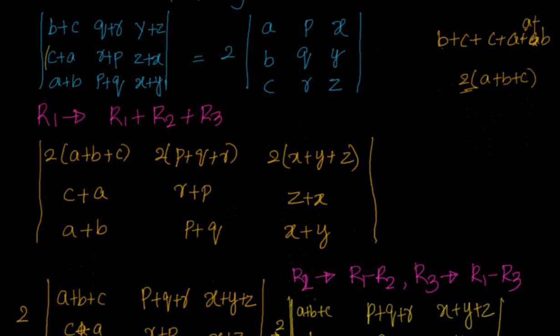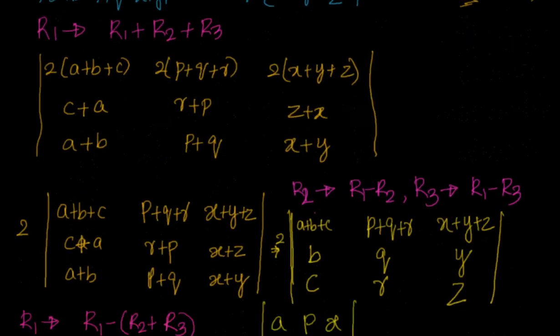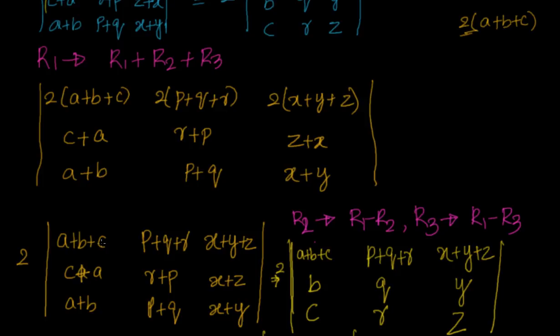So what I have done for that is applied R1 is assigned R1 plus R2 plus R3. When I do that, I get 2 out. Not only that, I get in the first row a plus b plus c, p plus q plus r and x plus y plus z. Now when I compare them with the second row, I see that what I want in R2, R3 is nothing but R1 minus R2 and R1 minus R3.